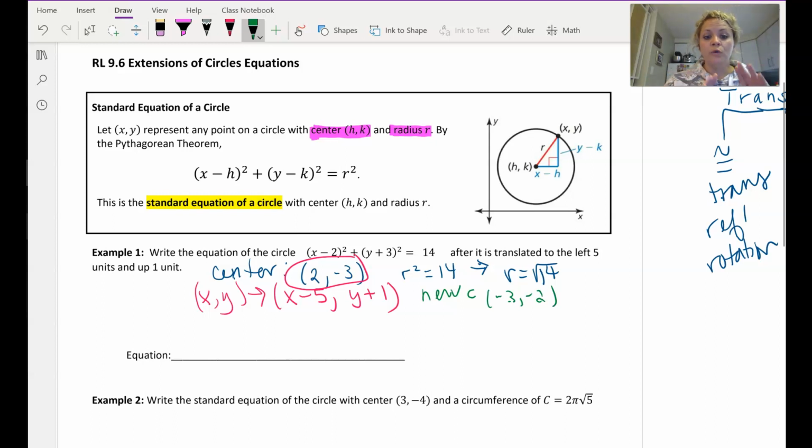So we're just moving the center from 2, -3 to the left 5 units and up 1 unit. And now we can use this information to write our new equation.